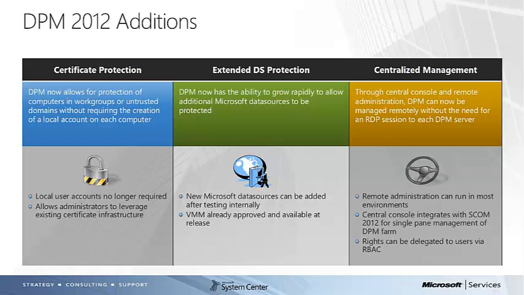We have extended our data source areas, and as of DPM 2012, we added VMM to the protectable items. And as we get more items approved internally, we will be able to protect more and more Microsoft applications.